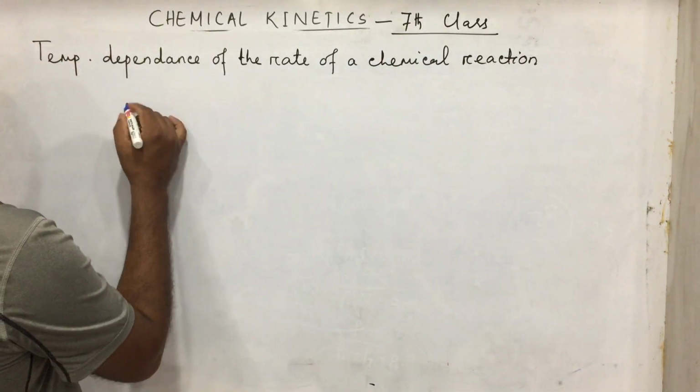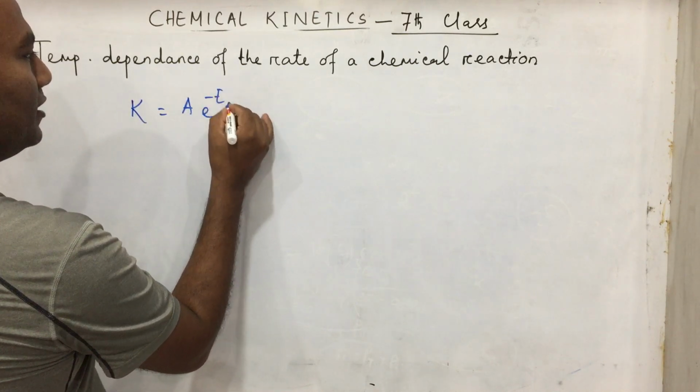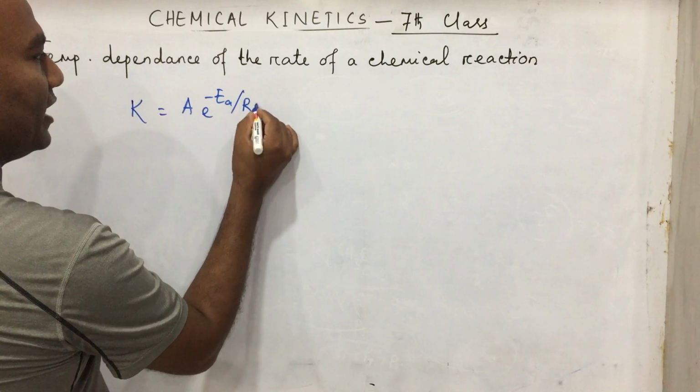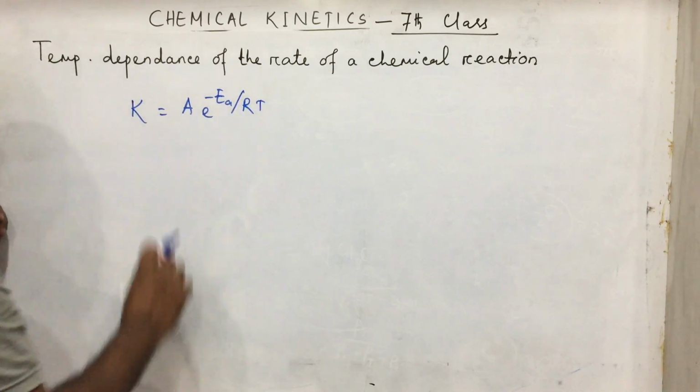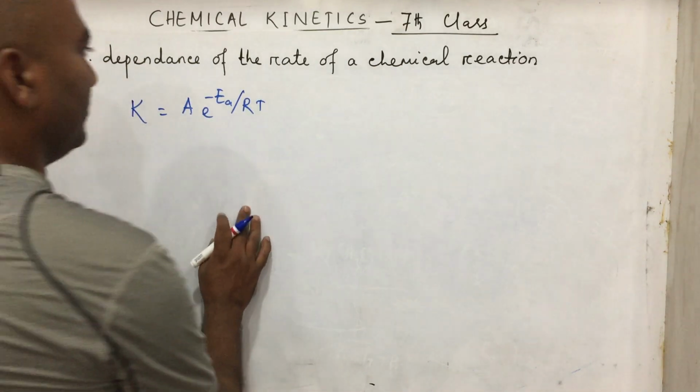The equation is k equals A into e to the power minus Ea by RT.